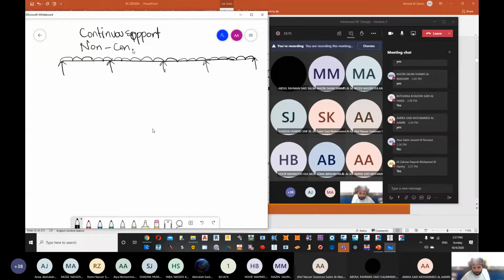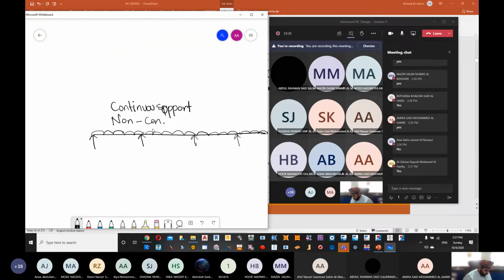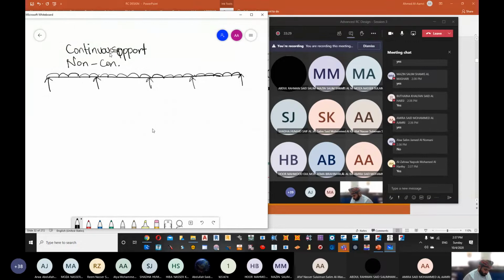In this example, a support is continuous if it is continuous from both sides. If it's continuous only from one side, we call it non-continuous. So, for example, this particular support is considered non-continuous. It has continuity on one side, but not on the other.